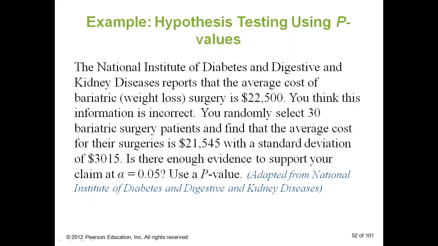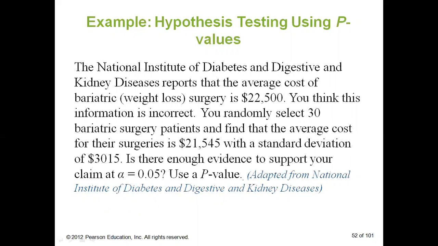You randomly select 30 bariatric surgery patients and find that the average cost of their surgeries is $21,545 with a standard deviation of $3,015. Is there enough evidence to support your claim at alpha equal to 0.05?